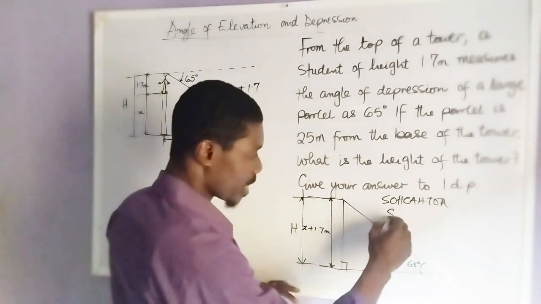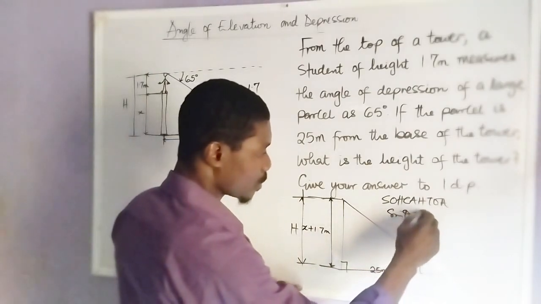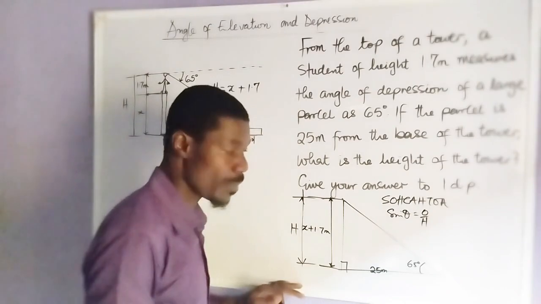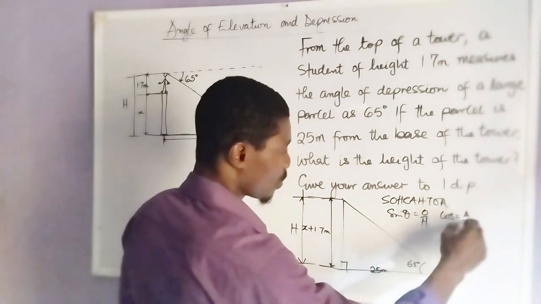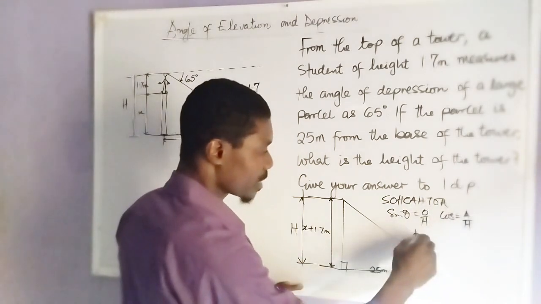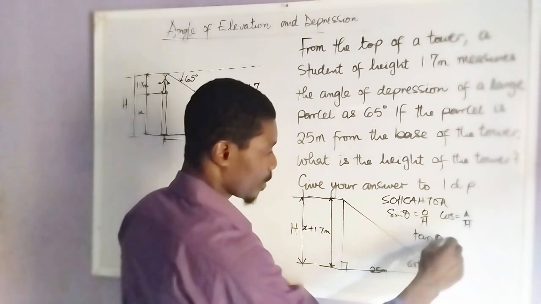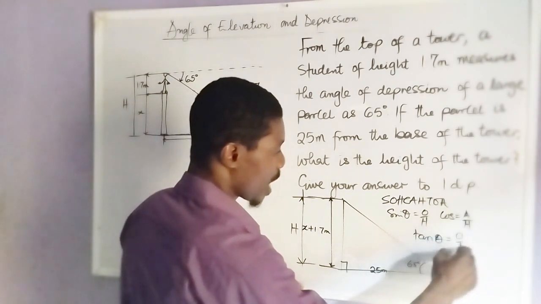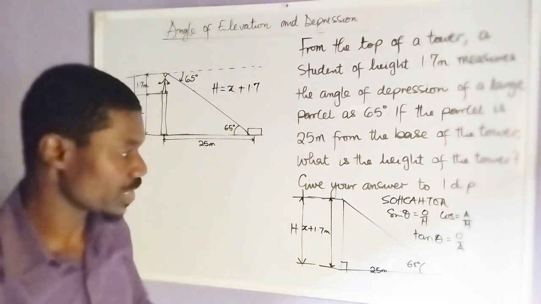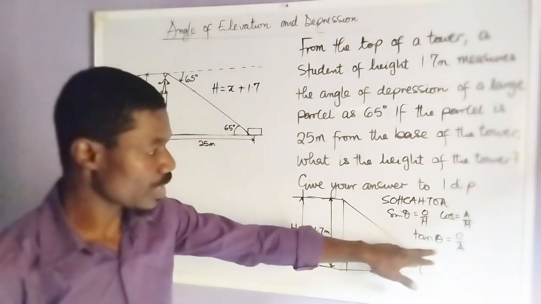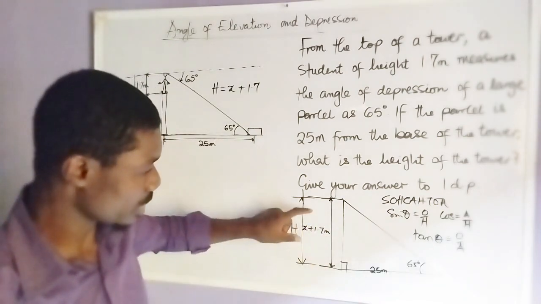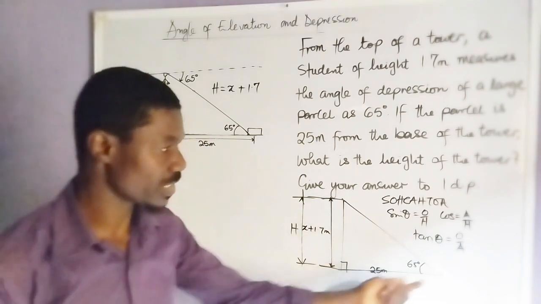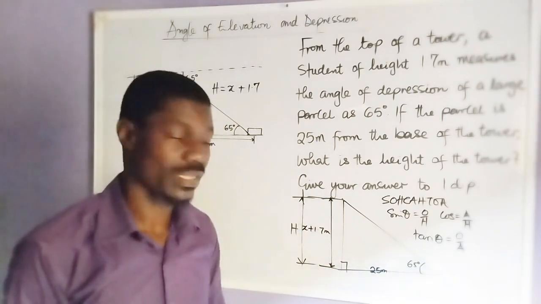From here we have that sine theta equals opposite over what? Hypotenuse. Then cos theta equals adjacent over hypotenuse, and tan theta equals opposite over what? Adjacent. If you look at this, the trigonometry ratio that has a relationship between the opposite and the adjacent is tan theta.